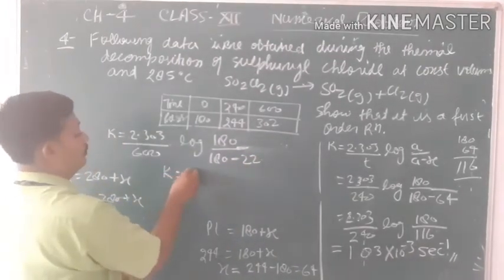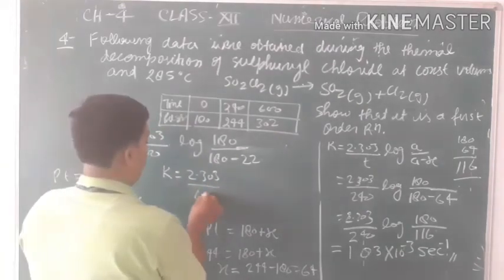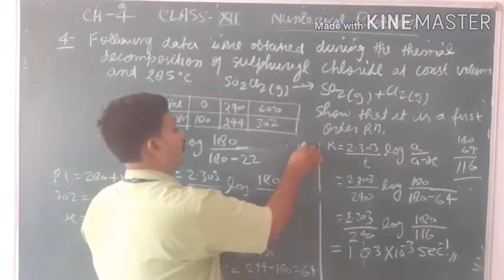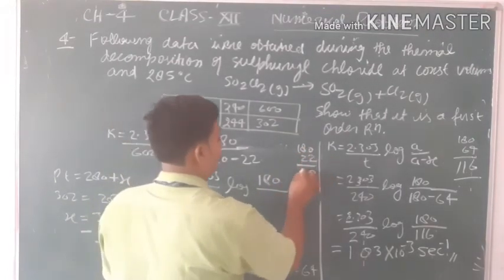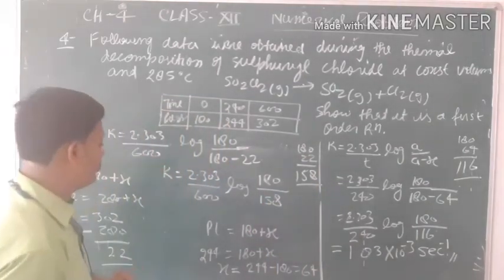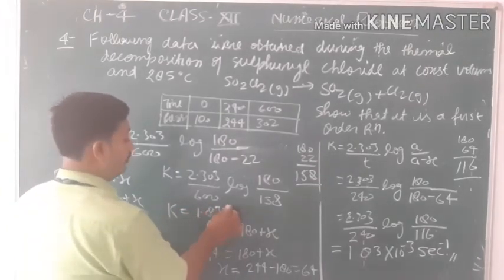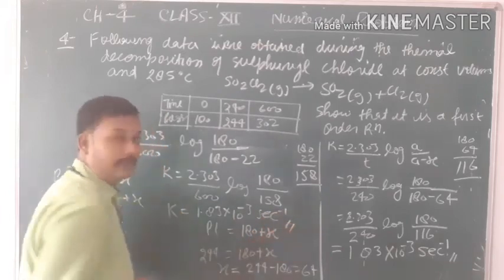K is equal to 2.303 upon 600 log 180 upon 180 minus 122. And when we solve this equation, we will get k is equal to 1.83 into 10 to the power minus 3 second inverse.